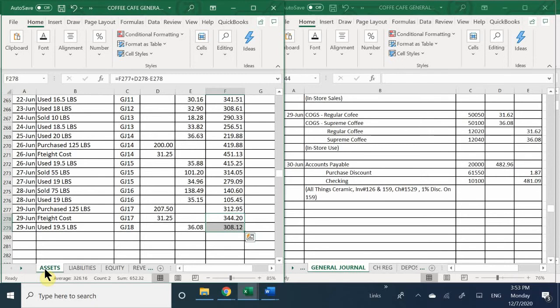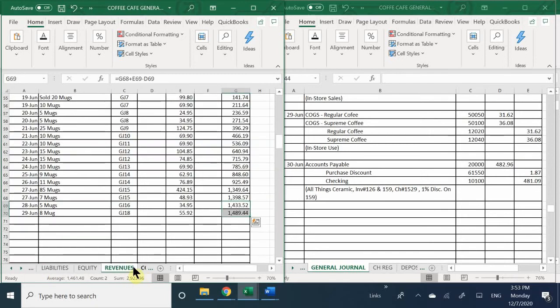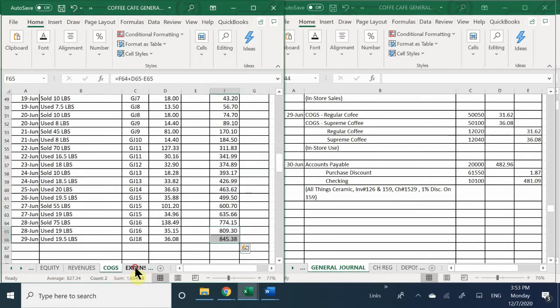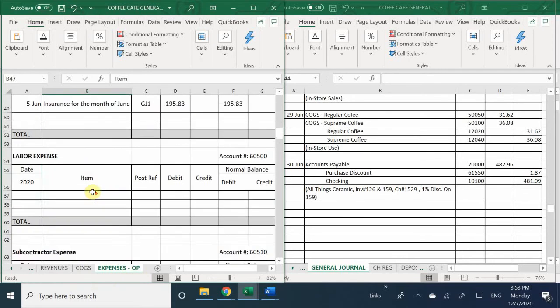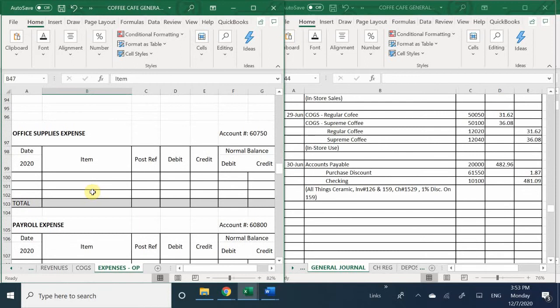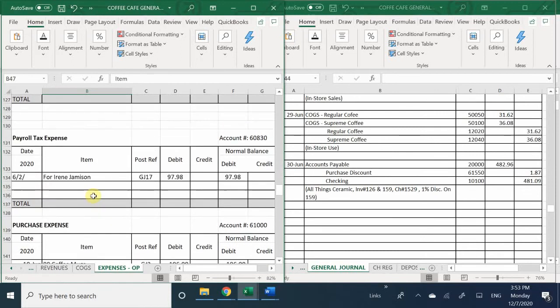Okay, and then purchase discounts. All right, then we're going to purchase discounts. That is the number 61500.